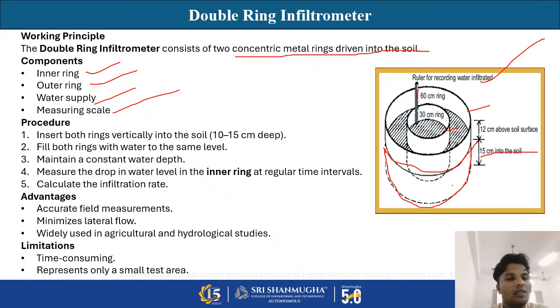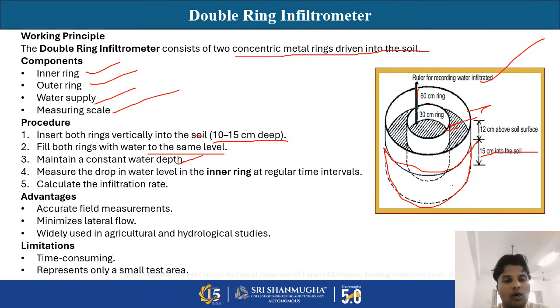These are the components. First we have to insert the ring vertically into the soil, up to 10 to 15 centimeter deep, and we have to fill both rings, inner and outer, with water at the same level. Maintain the constant water depth, always keeping it constant without varying.